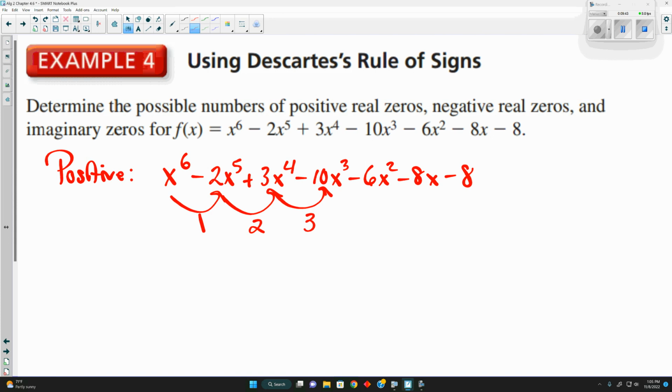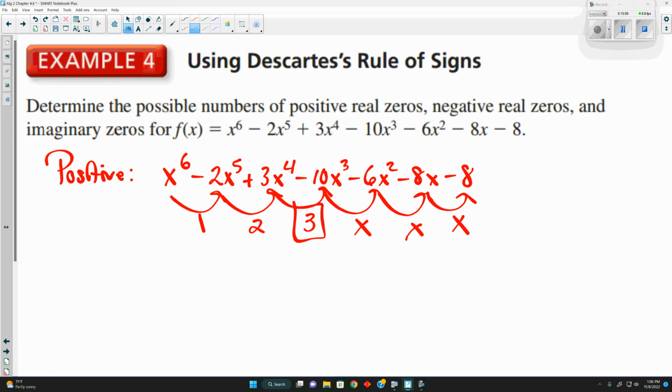How about from the 3rd to the square? When it doesn't change, I normally just put an X to signify it did not change. Now from the 2nd to the 1st, to the constant. So how many sign changes did we have? 3. So the most positive zeros that we could have is 3.